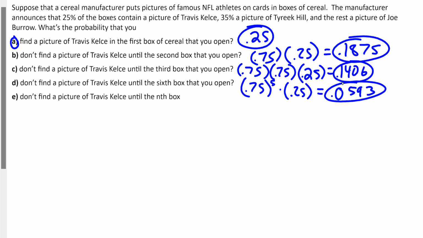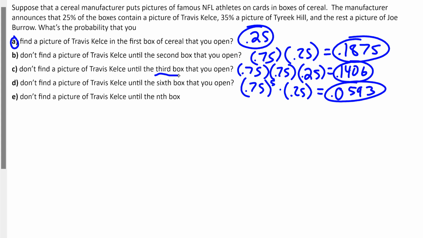Last question. You don't find a picture of Travis Kelce until the nth box. Now, think about this. The sixth box ended up being 0.75 to the fifth power times 0.25. The third box ended up being 0.75 to the second power, so one less than that, times 0.25.